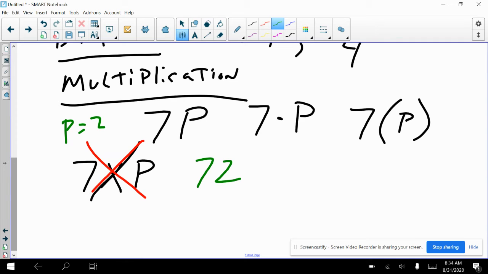When you substitute a number in for a variable, what should you put around the number that you are substituting in? Parentheses. That is correct. You should put parentheses in there. That tells you, the reader, that it's not 72, it's 14.